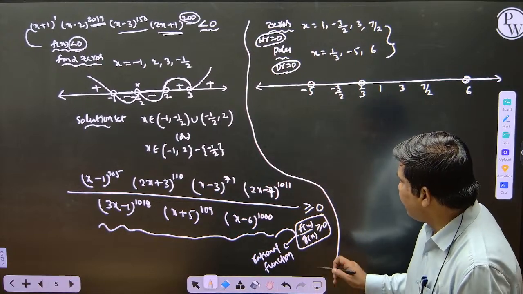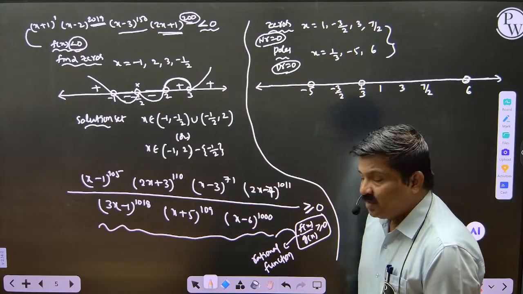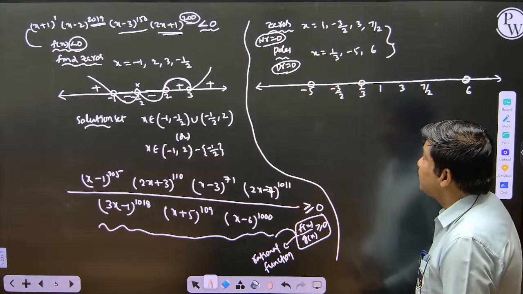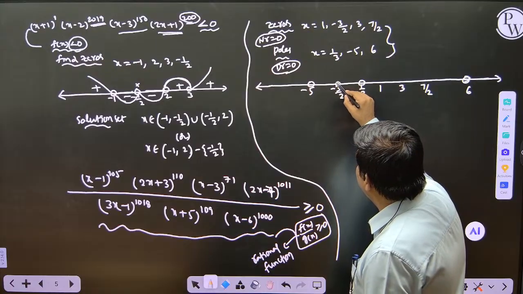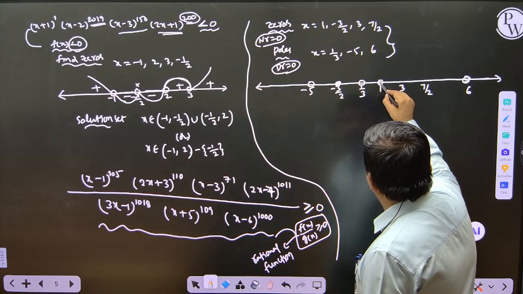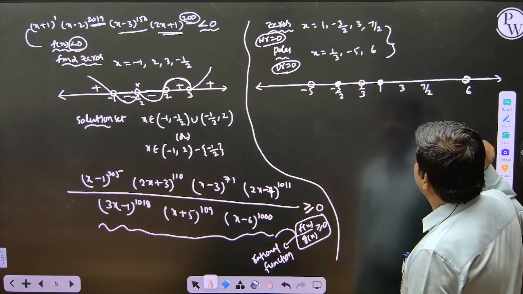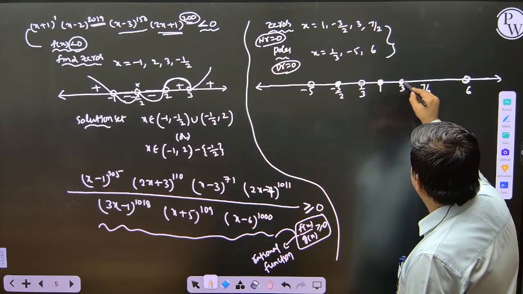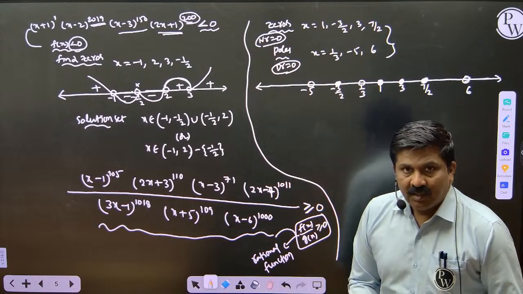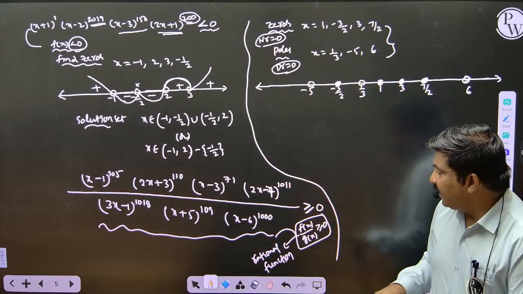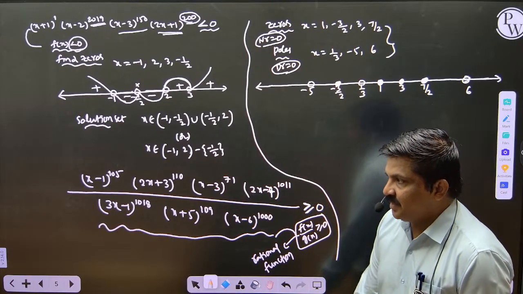Here, equal to 0 is there, so we put a closed circle. Zeros are included in our solution.